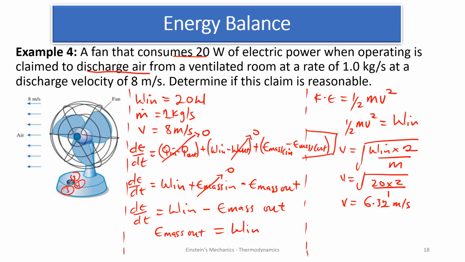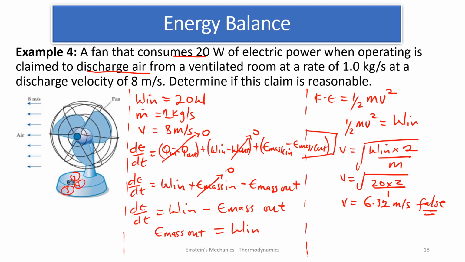So is the claim reasonable? That's false. So the person is not telling us the truth. The fan can only discharge at a velocity of 6.32 meters per second. So the claim is not reasonable.